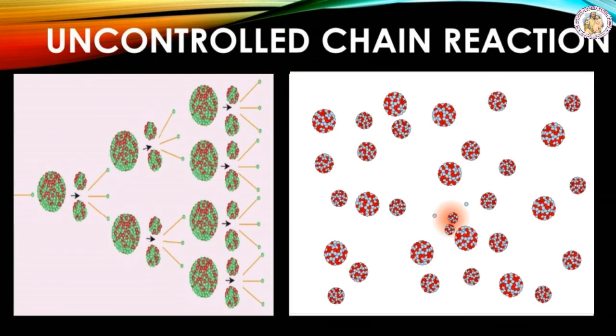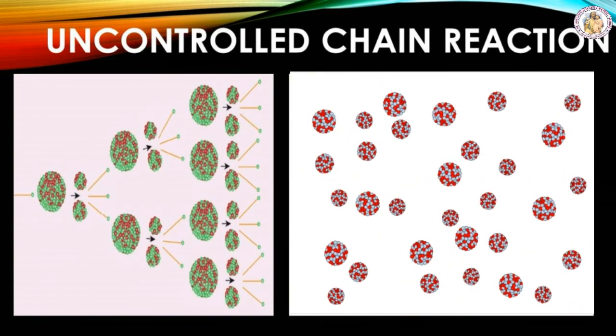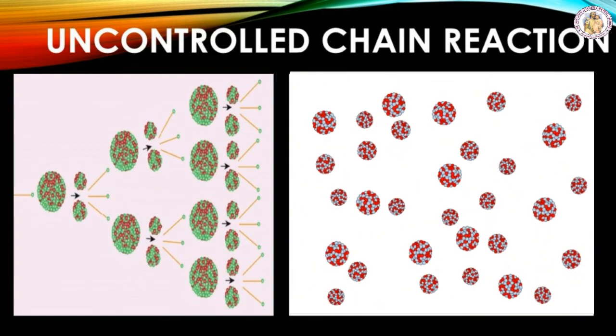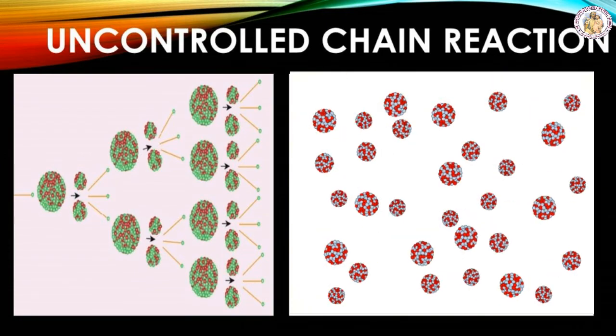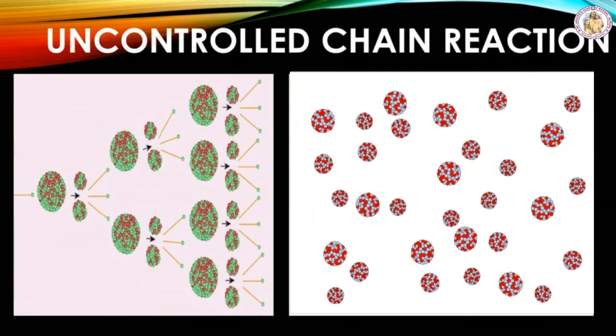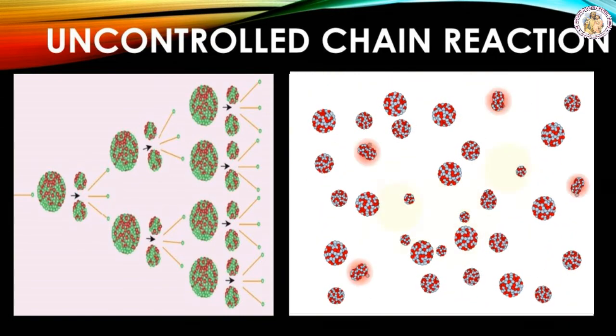In an uncontrolled chain reaction, the number of neutrons multiplies indefinitely and causes fission in a large amount of the fissile material. This results in the release of a huge amount of energy within a fraction of a second. Here we are not using an absorber to absorb the neutrons.